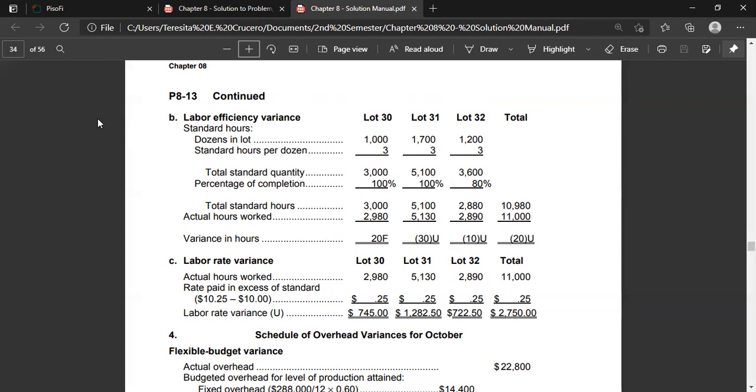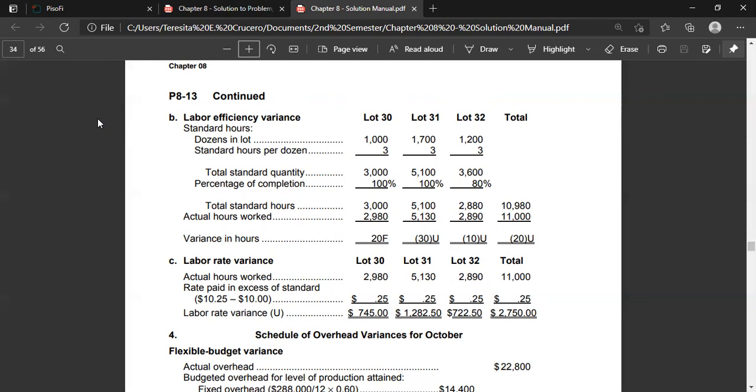You multiply by 100%, so you now get 5,100. Now for the last group, lot 32, 1,200 times 1 times 3. So we are ending now with total standard quantity with the highest standard quantity under lot 31.